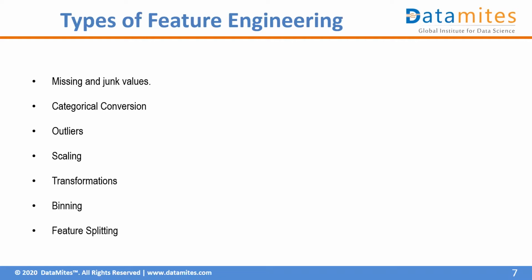After that, we convert the categorical data. Most of our data has categorical features. Categorical features must be handled because our models are built to understand machine language, that is 0 and 1. They cannot understand string data, so conversion is super important. Then we have outliers.